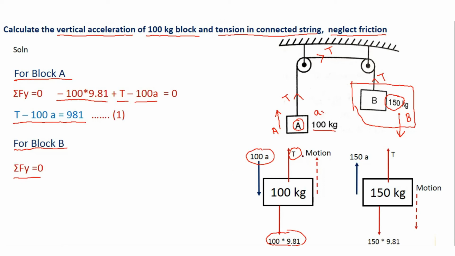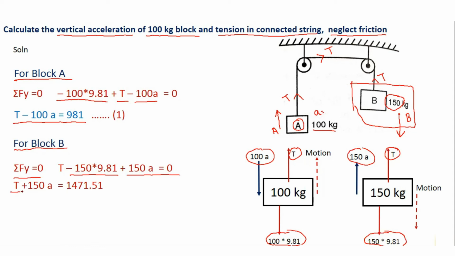I will get these three forces, that is 150A, T, and 150 into 9.81 going downside. All three forces are in the y direction. So I will write T minus 150 into 9.81 plus 150A is equal to 0. Just rearranging the equation, I will get T plus 150A is equal to 1471.5, and let this be equation number 2.